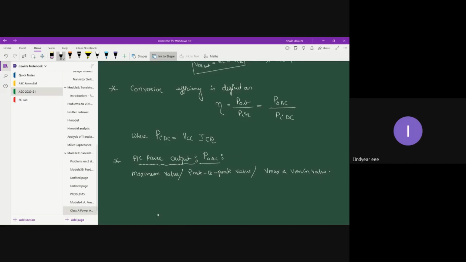Now let us try to understand how exactly we can get the expression for AC power output in terms of maximum, peak to peak, and max and min values.